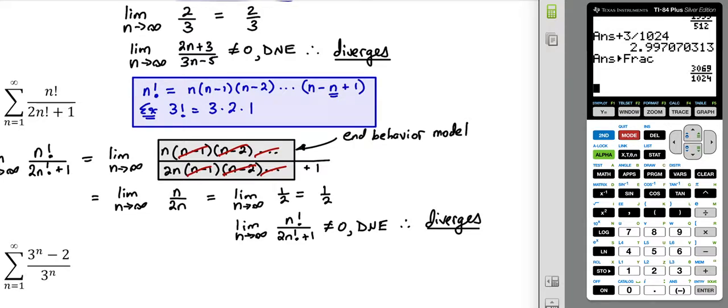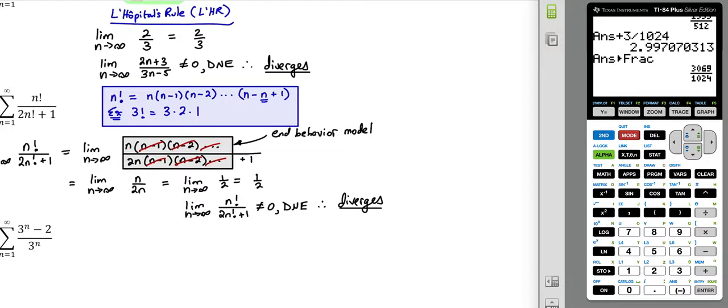All right, and just to hit that point home a little bit, related to the end behavior model, I'll do a quick example of that just because I know some people need a refresher. If you have something like the limit as x approaches infinity of 2x plus 1 over x squared minus 2, what you would do is, again, just identify the term on the top of the fraction with the highest power, the term on the bottom of the fraction with the highest power, and divide the two.